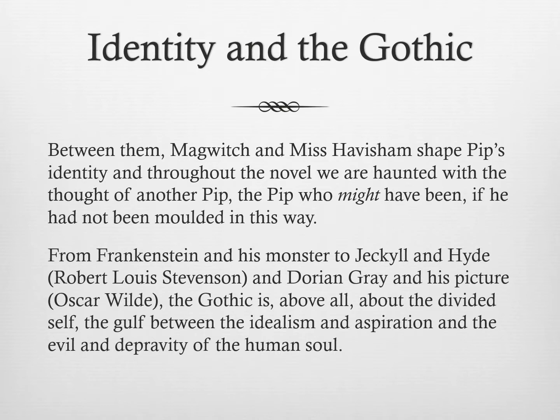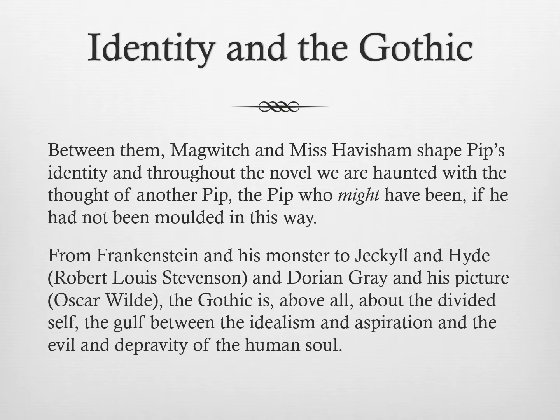So we've got Frankenstein and his monster. We've got Jekyll and Hyde and Dorian Gray. We've got the Gothic novel all the way through, showing the divided self, the difference between who we think we are and who we really are. We all want to be great, we all want to be good, but we are animals at the same time.